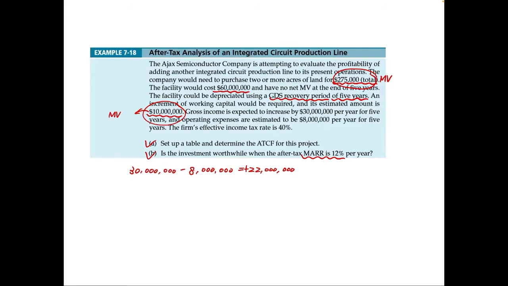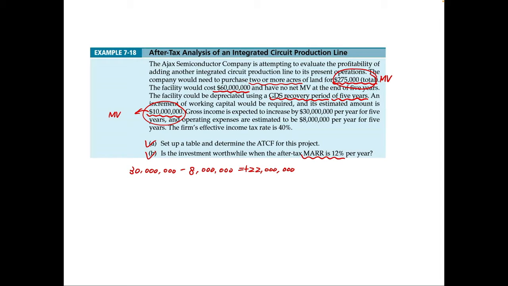So the first thing is you need to translate the information into the table and fill up the table first. All right, let's see. The company would need to purchase 2 or more acres of land. A piece of land costs money. The facility costs money too. It costs 60 million.